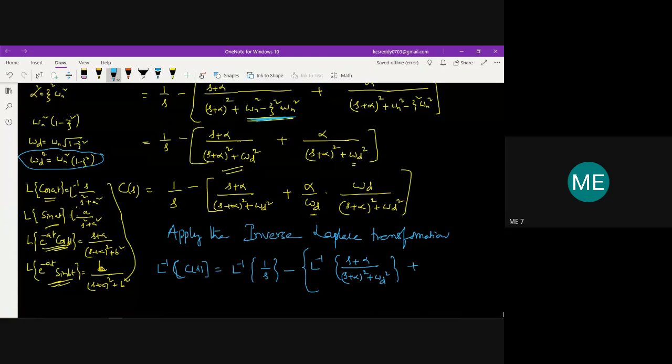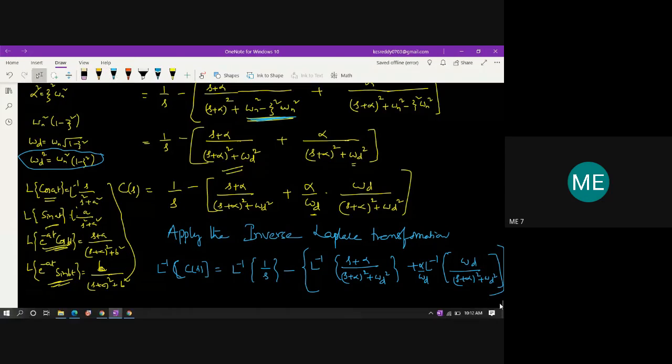L inverse of alpha by omega d, which is a constant, I'll write separately outside, and then omega d by ((s plus alpha) whole square plus omega d square), right?